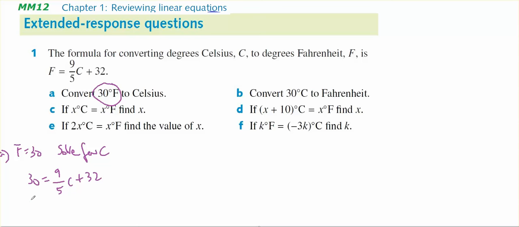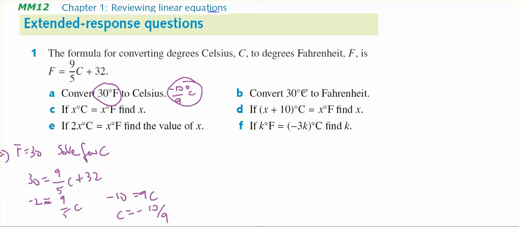Move the 32, so negative 2 equals 9 on 5C. Move the 5, so minus 10 equals 9C. C equals minus 10 on 9 degrees Celsius. So negative 10 on 9 degrees Celsius will be the temperature in Celsius if Fahrenheit is 30.